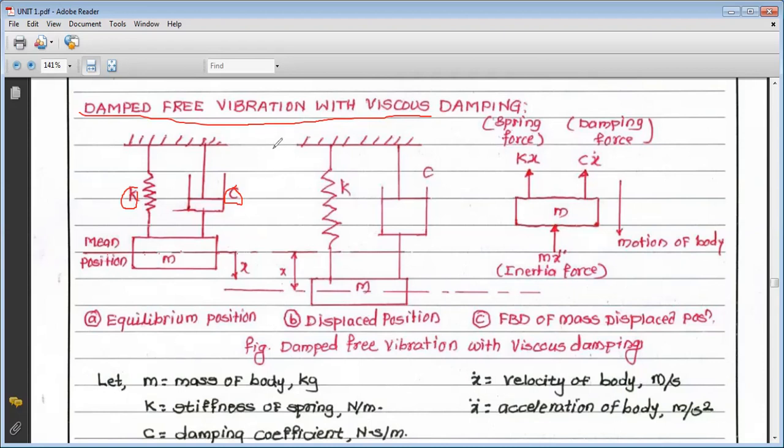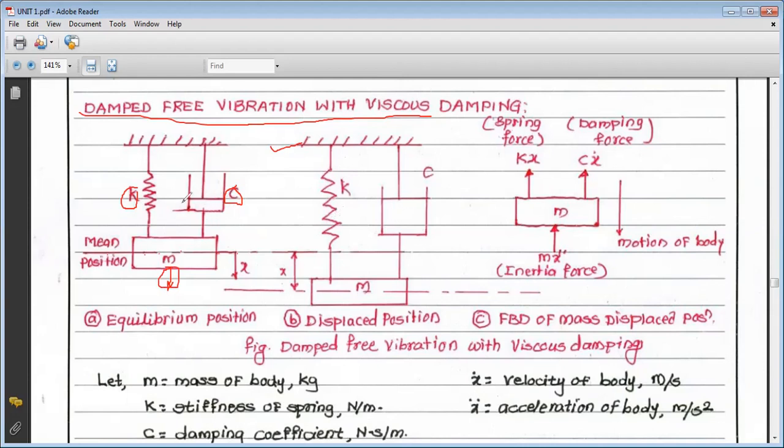Now, free vibration is nothing but giving an initial displacement by applying some external force, and then we remove this force. After giving displacement, the spring is in tensile condition and the damper position is also changed.